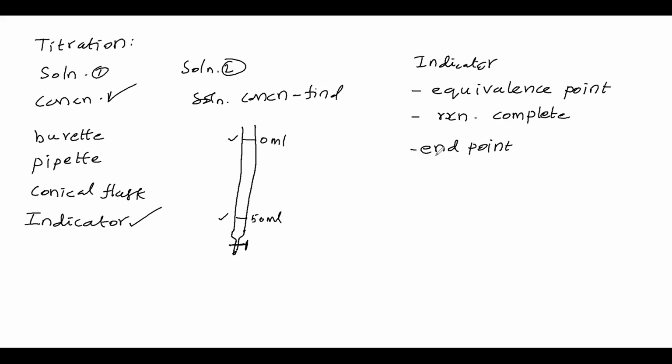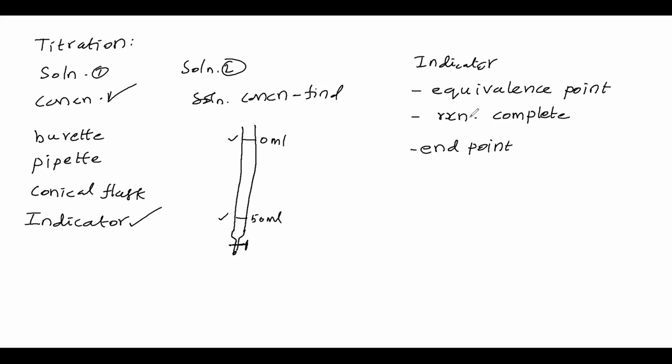The equivalence point indicates the reaction is exactly over, but the endpoint indicates almost closer to completion of the reaction. So using an indicator, we are finding either the equivalence point or the end point.